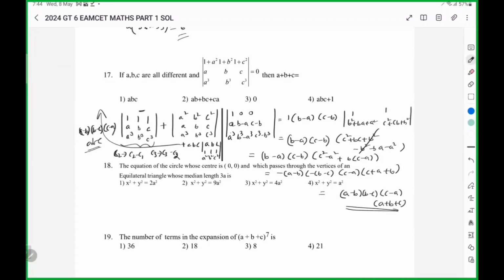Here if you take common A minus B, B minus C, C minus A, then you have A plus B plus C. So plus ABC is equal to 0.